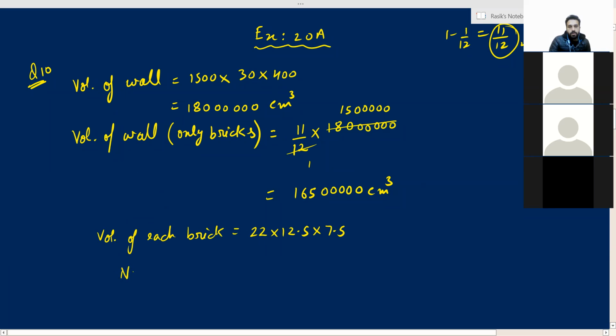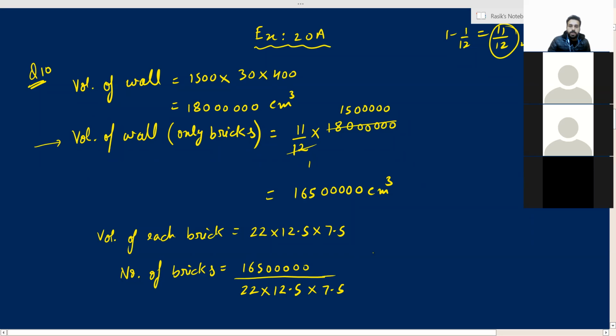Number of bricks, how will you find? Same concept as we used in the last question also. Number of bricks used to construct the wall equals the volume of the wall made up of only bricks, 165,000,000, divided by the volume of each brick, 22 into 12.5 into 7.5.